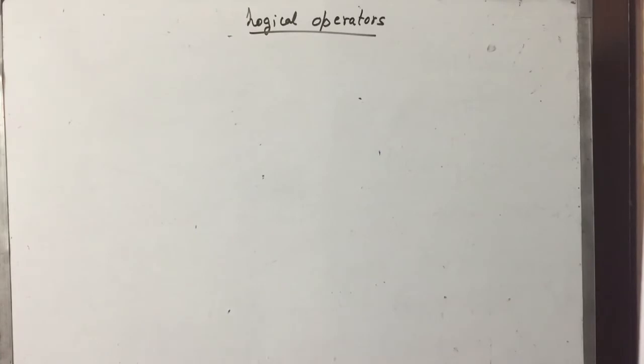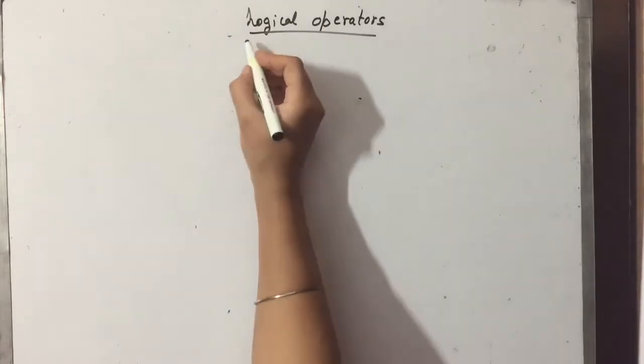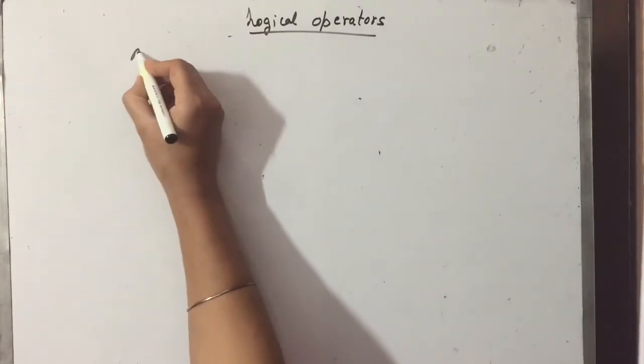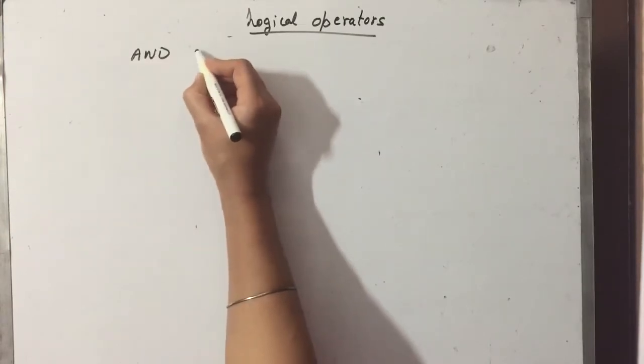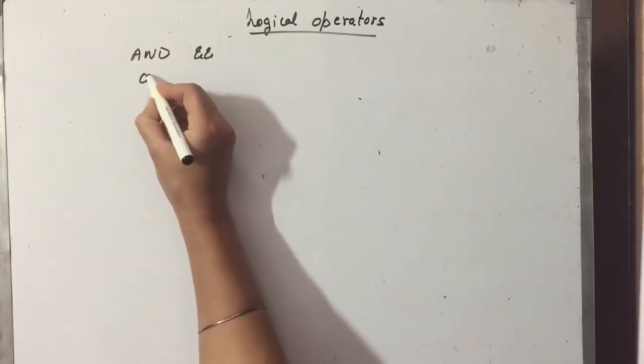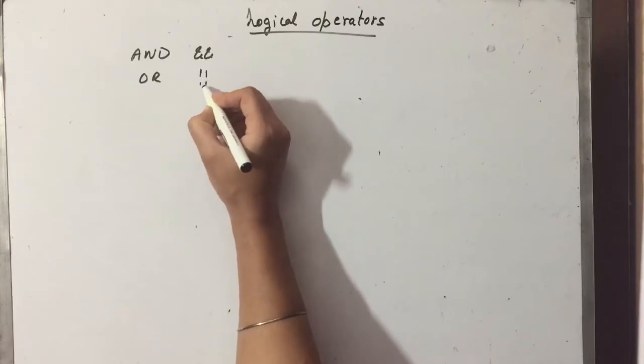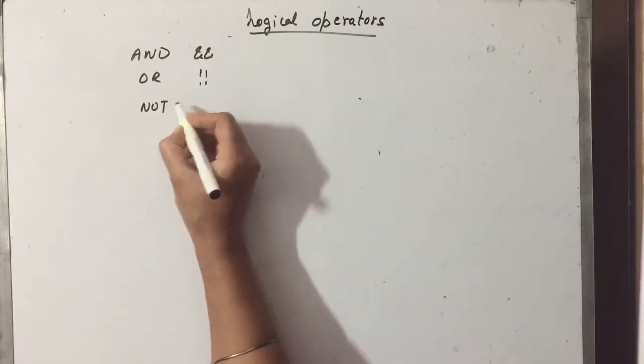Now logical operators, I told you there are three types of logical operators: and, or, and not.